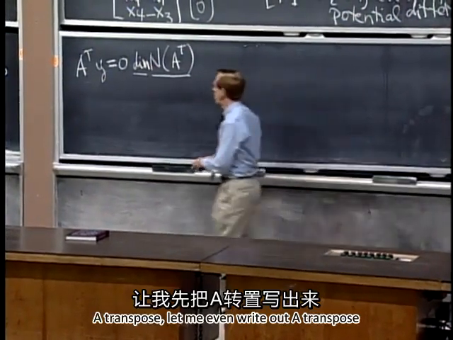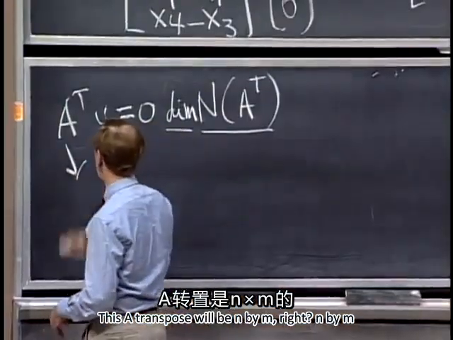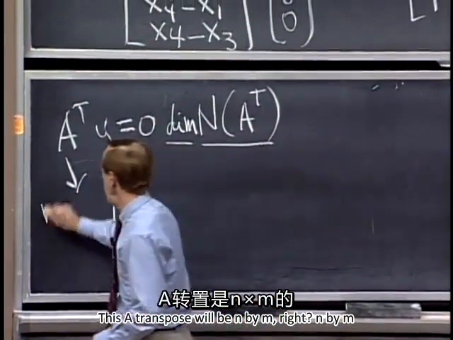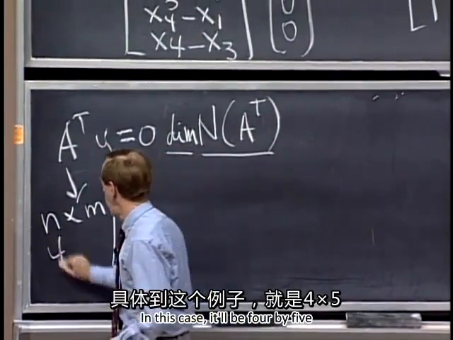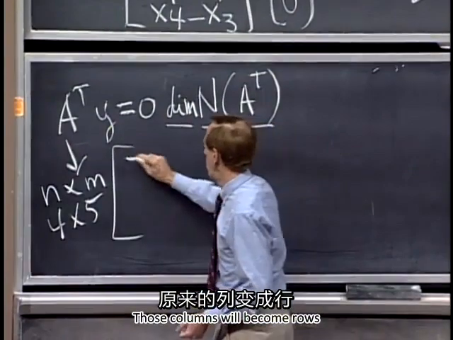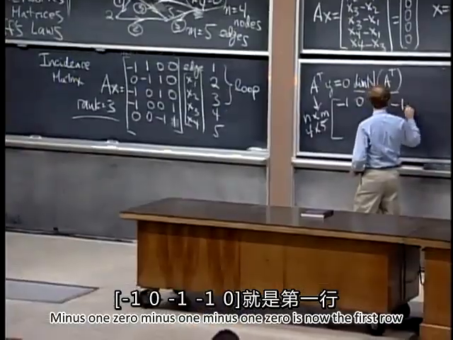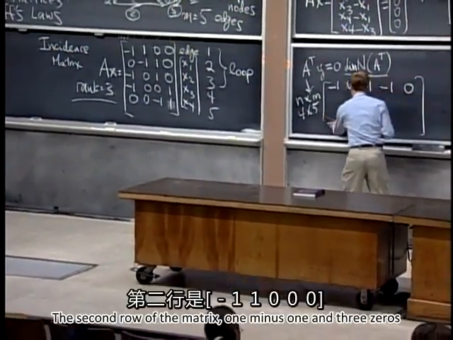Let me even write out A transpose. This A transpose will be n by m, right? N by m. In this case, it'll be 4 by 5. Those columns will become rows. Minus 1, 0, minus 1, minus 1, 0 is now the first row.